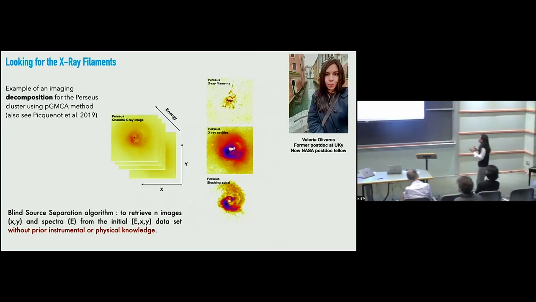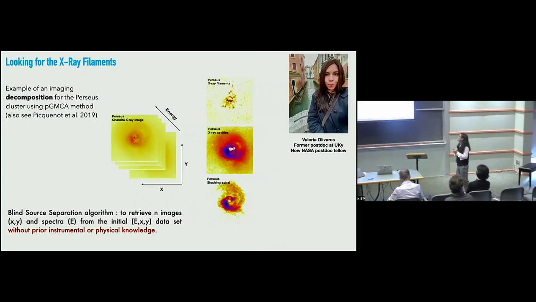Actually, before this work, we never thought about looking at Chandra data as a cube. This very clever method allows us to isolate what is associated with X-ray filaments from the rest of the cluster, like X-ray cavities and sloshing spirals.